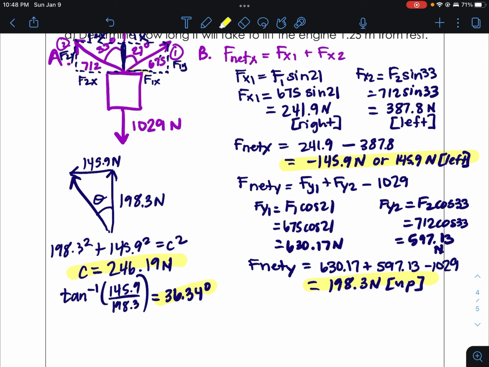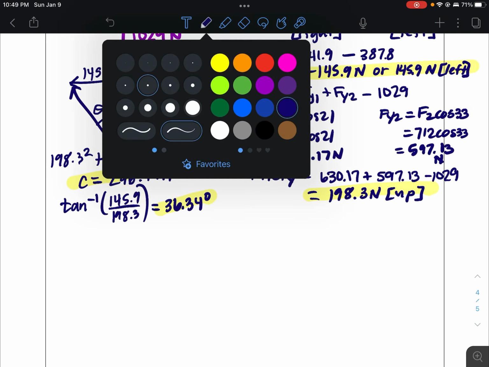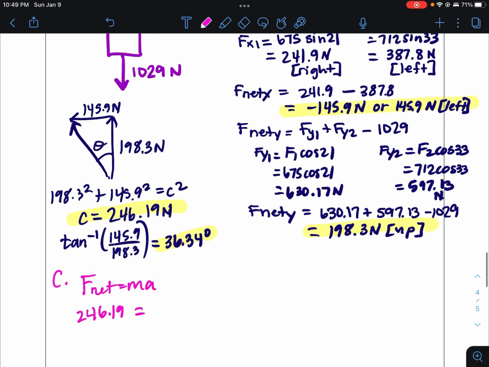Then letter C has us finding the acceleration, well, F net equals ma. So our F net was 246.19 newtons, and our mass was 105.